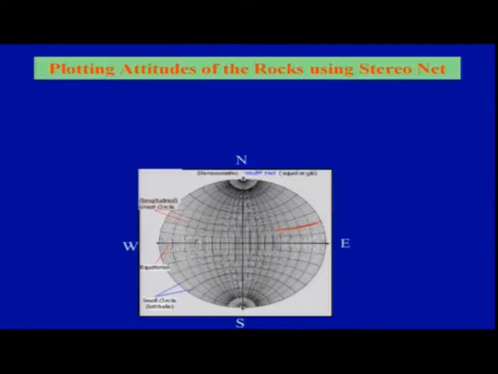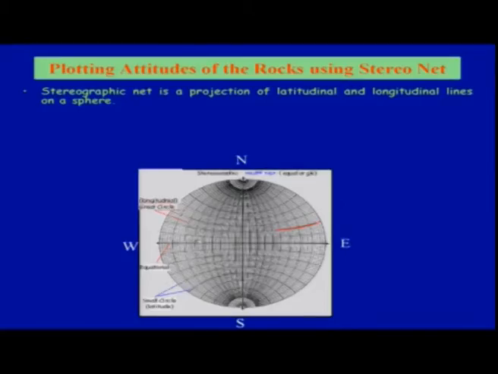What we see here is the plotting of the attitudes of the rocks. We have the strike and we have the dip. We can plot that on the stereonet and try to understand what type of fold those limbs are associated with. The stereographic net is a projection of latitudinal and longitudinal lines on a sphere.